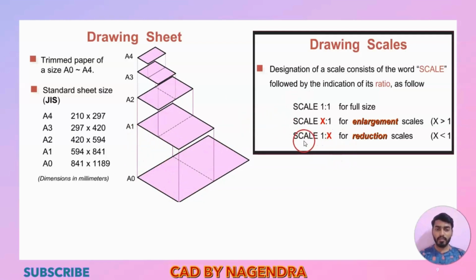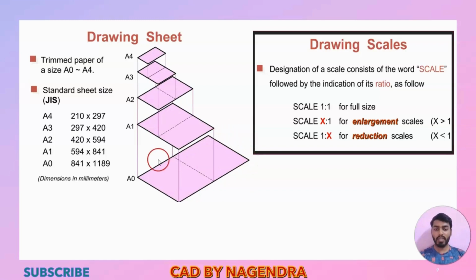Then sometimes if they give here 1:x, this is for reduction of scales. So to reduce the size, 1:2, in the place of x if they have given here 2, so in the place of 100 we need to divide by 2, the factor. 100 by 2 you will get 50. Then again 50 by 2 you will get only 25.